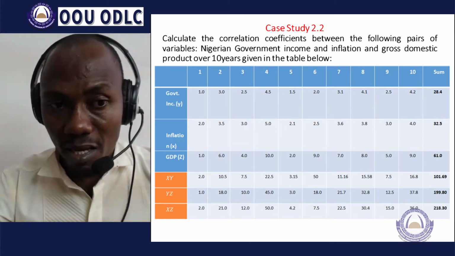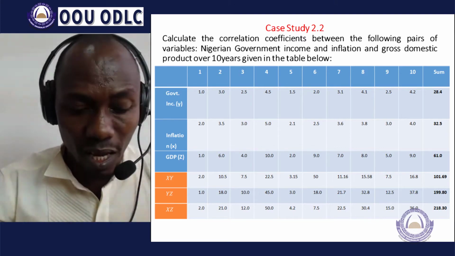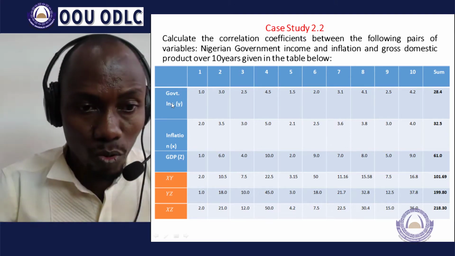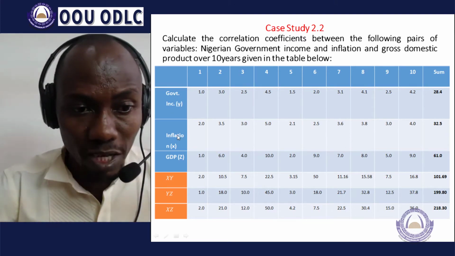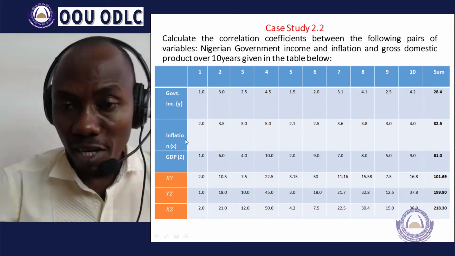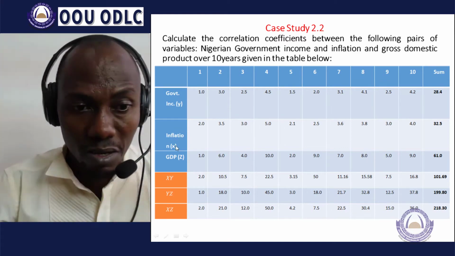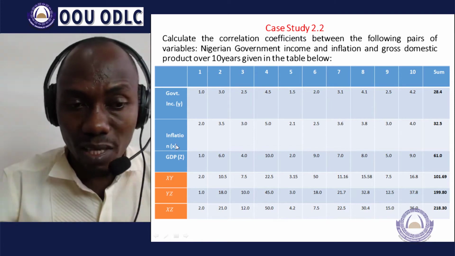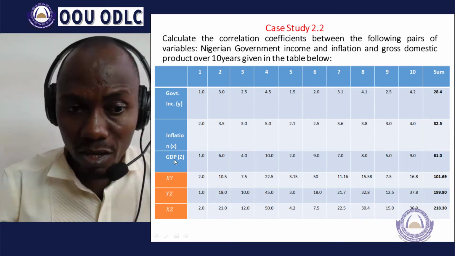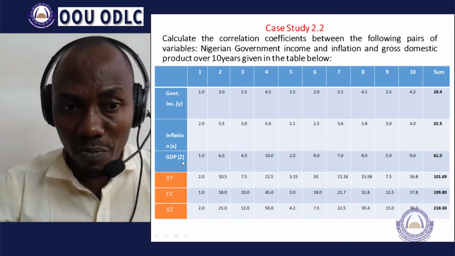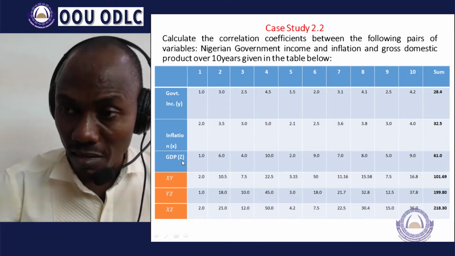Government income has been represented with the variable Y, while inflation has been represented with X here. The GDP, gross domestic product, has been represented with Z.